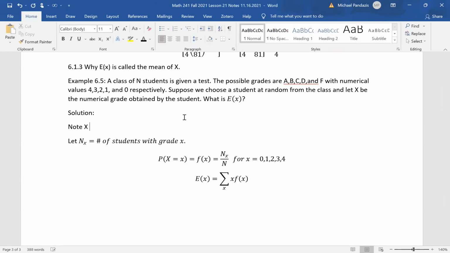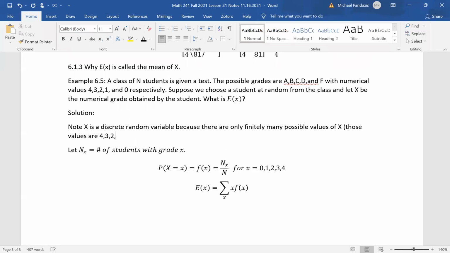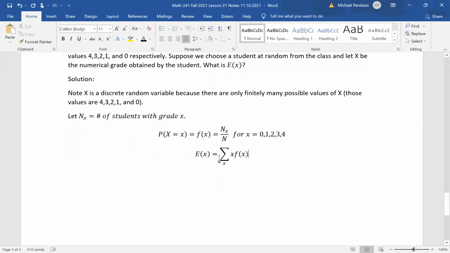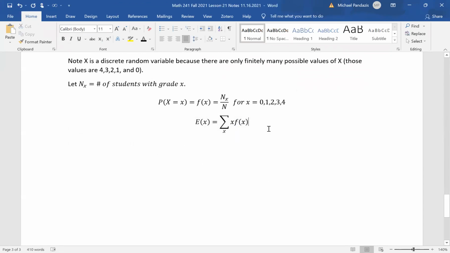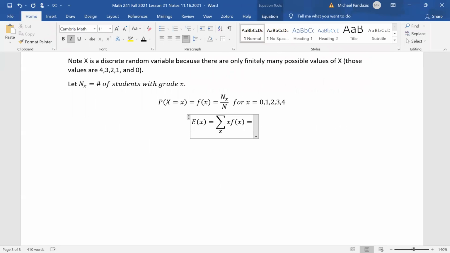Note capital X is a discrete random variable because there are only finitely many possible values of capital X. Those values are 4, 3, 2, 1, 0. Right? So you have a discrete random variable, and the expected value of a discrete random variable is represented by a sum like this. And so the goal is to find that sum. Right, so we're going to talk about what that sum is.